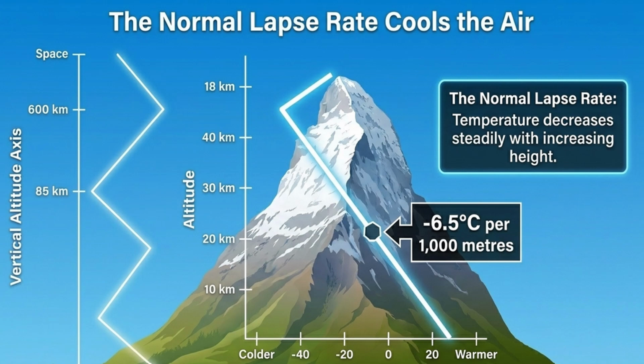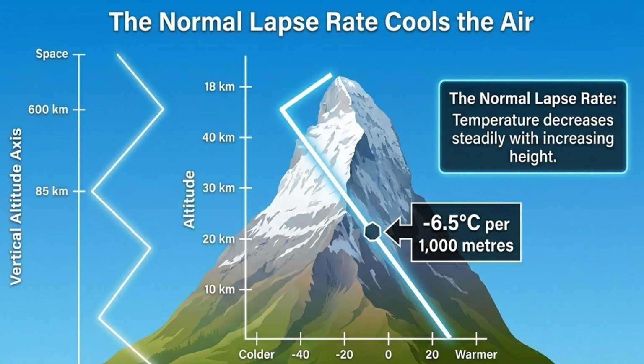For example, suppose the temperature at the Earth's surface is 25 degrees centigrade. If we move approximately 1 kilometer upward, the temperature may decrease to around 18.5 degrees centigrade. Similarly, at a higher altitude, the temperature becomes progressively lower.